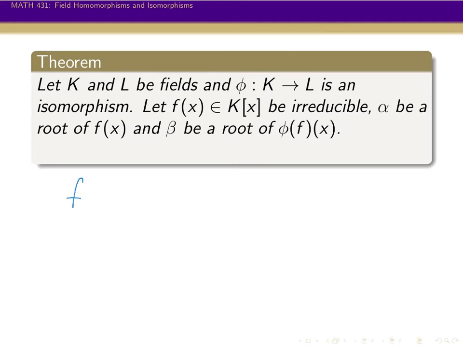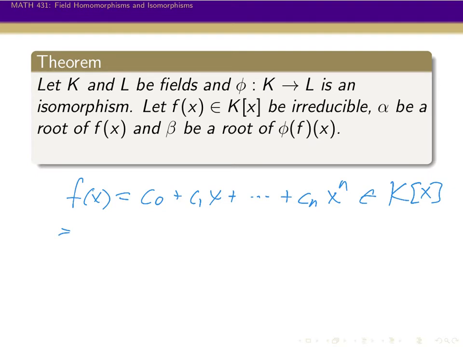As we said a couple slides ago, if f of x is equal to c0 plus c1 x up to cn x to the n in K adjoin x, then phi of f of x is you just send each of the coefficients through phi.